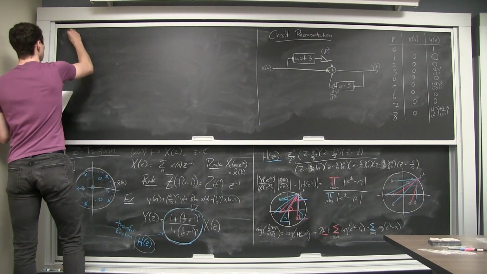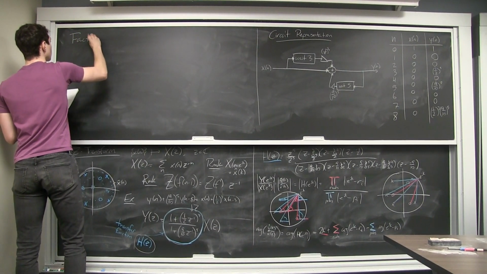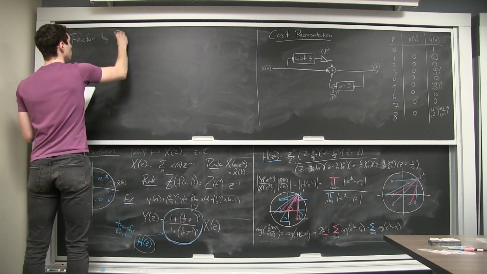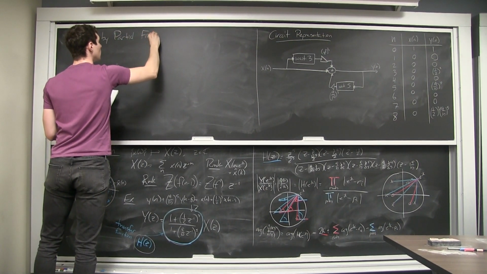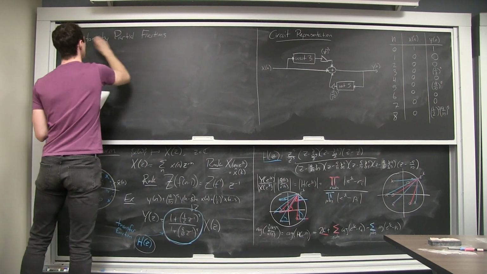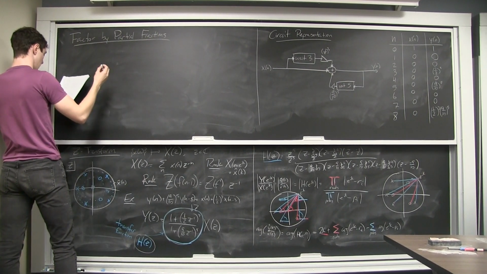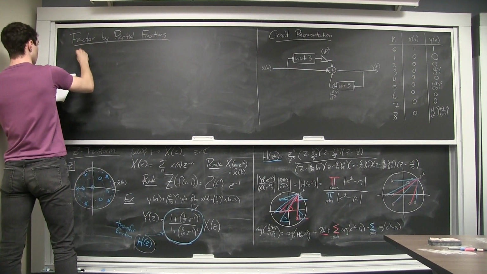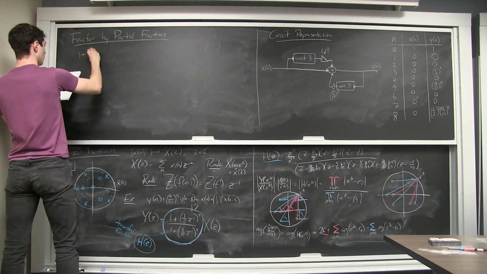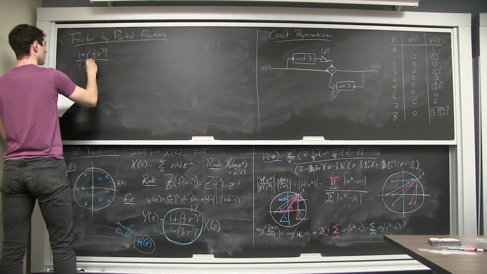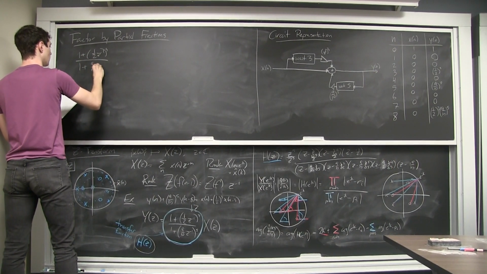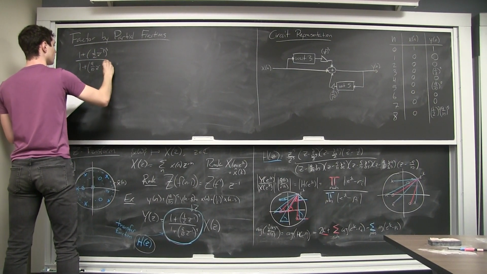Okay, so if we also factor by partial fractions, this guy, 1/2 z inverse cubed over 1 plus 9/10 z inverse to the 5.